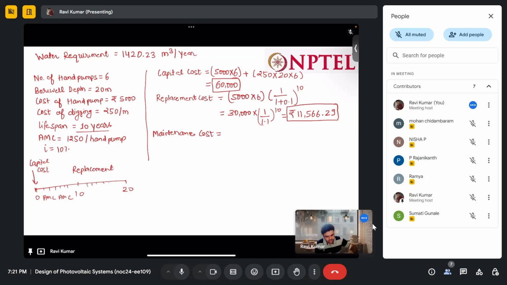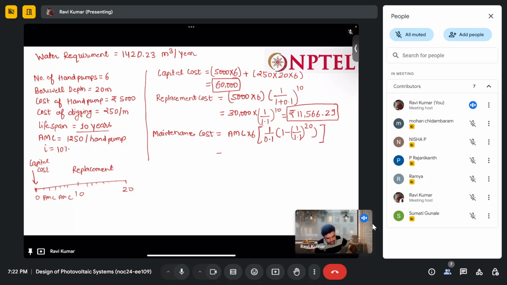So maintenance cost will be our AMC for 6 different hand pumps into present worth factor. So here we are doing it annually. So our present worth factor will be like this: 1 upon 0.1 into 1 minus 1 upon 1.1 to the power 20.